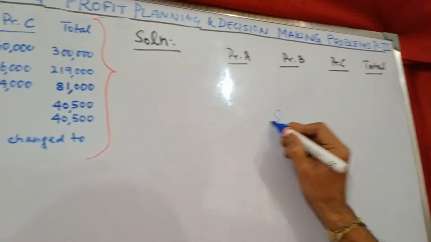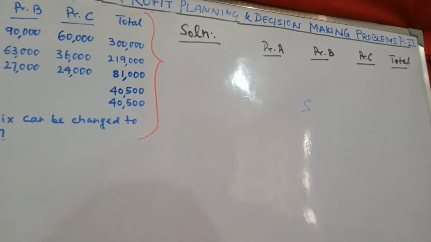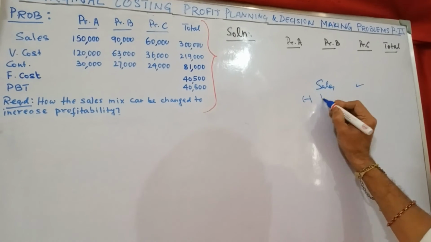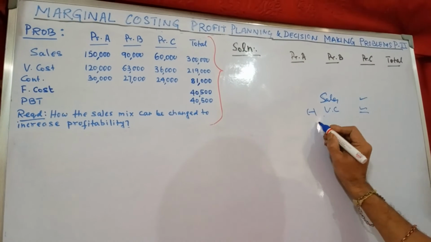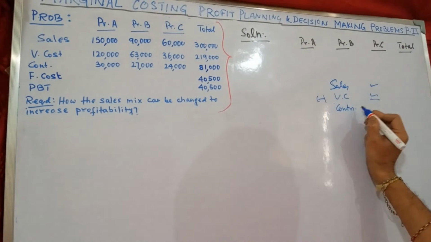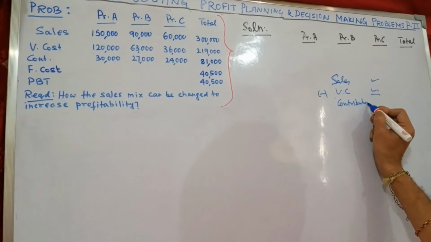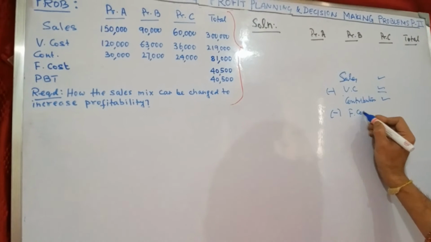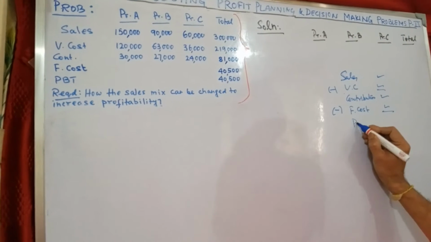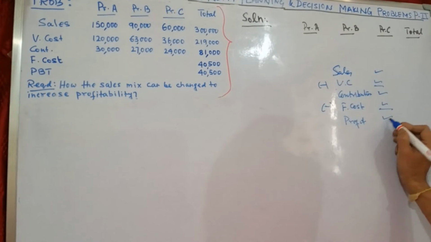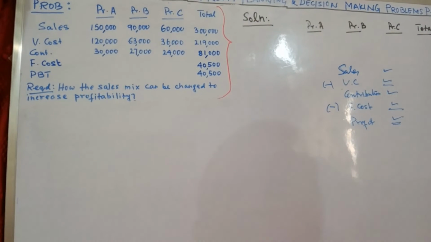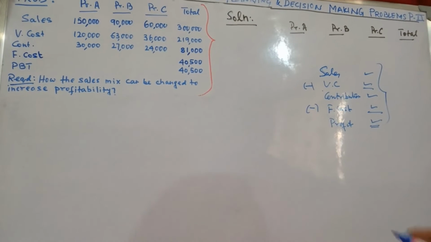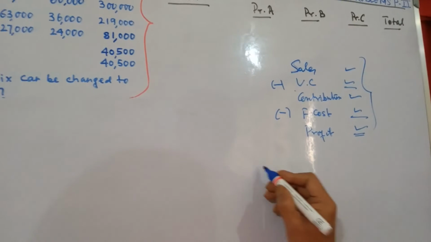The formulae are sales minus variable cost. This gives contribution. From contribution we deduct fixed cost, that gives us profit. This is the basic formula or basic structure of marginal costing technique, and in addition to it we have the following formula.